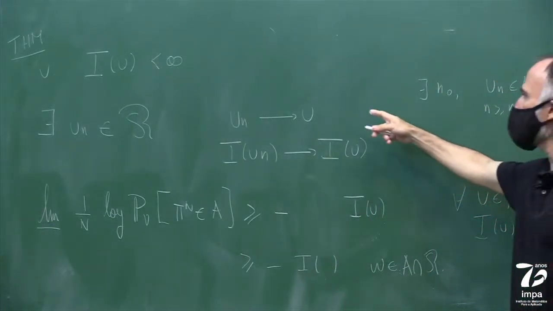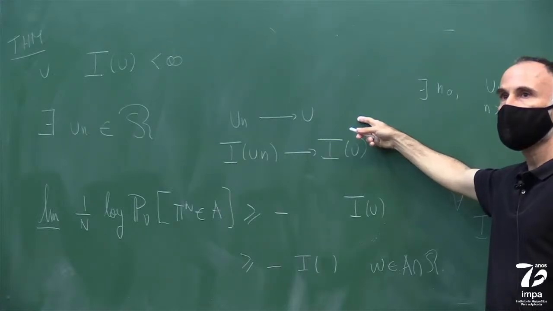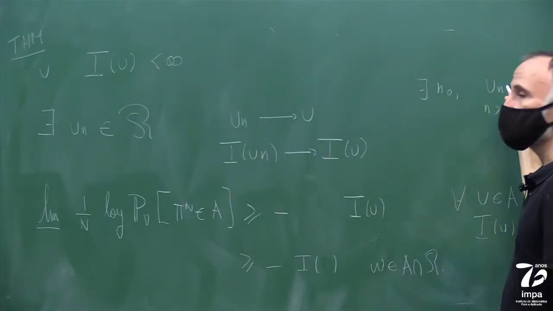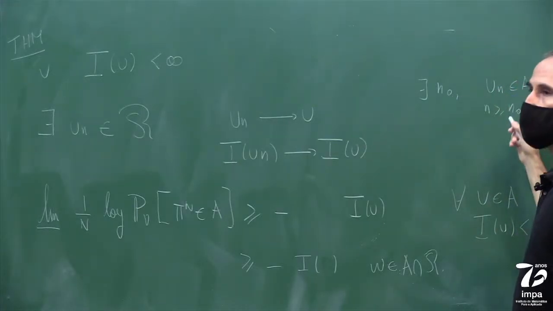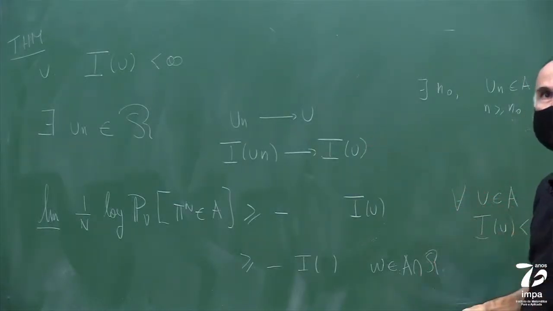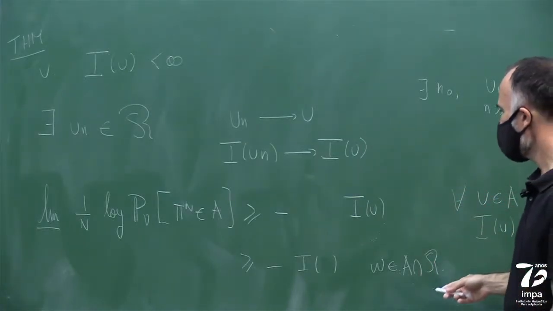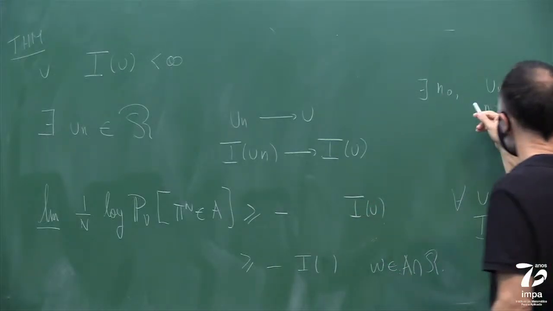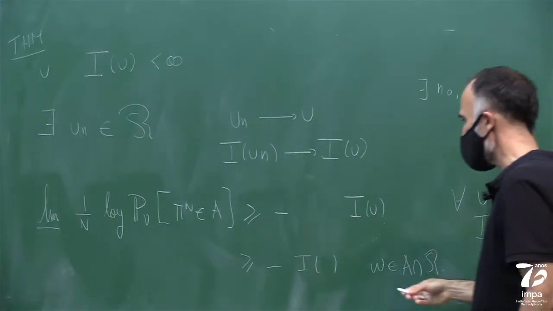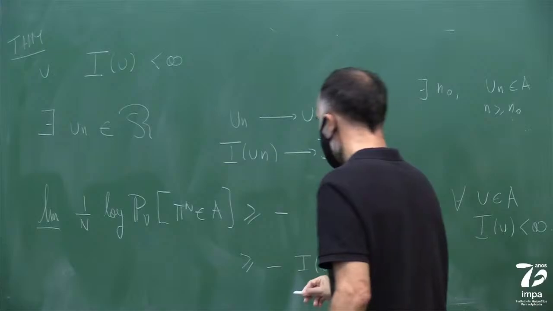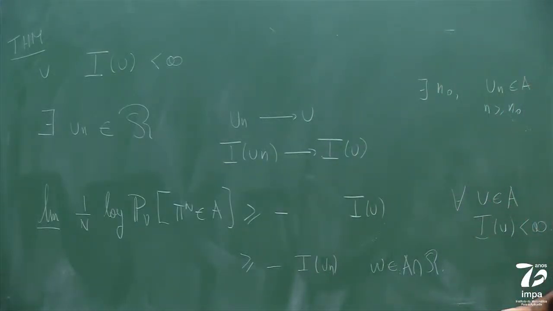Un is converging to u, A is an open set, so there exists one starting from which everyone is in A. So for all these un in A, I can prove this, because now un is smooth and it belongs to A. From the first part of the proof, I can do that.